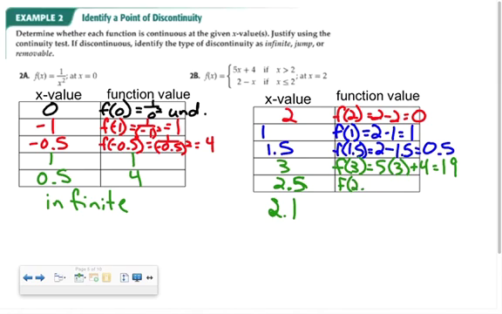When I find my function value at 2.5, I have 5 times 2.5 plus 4. And that's 16.5.